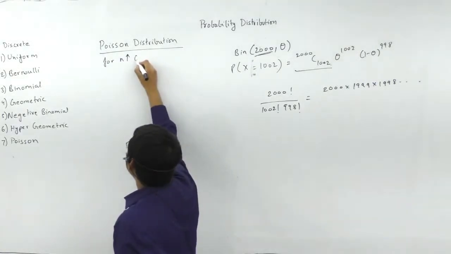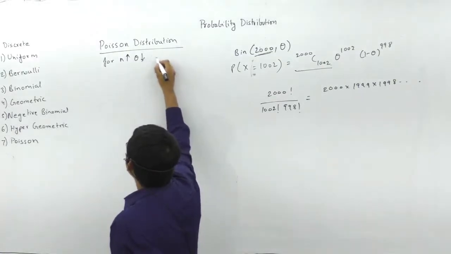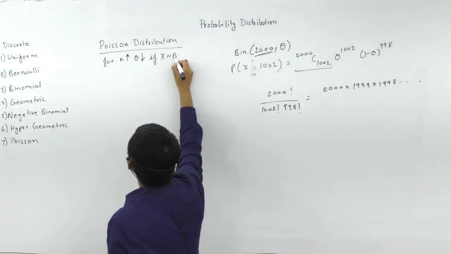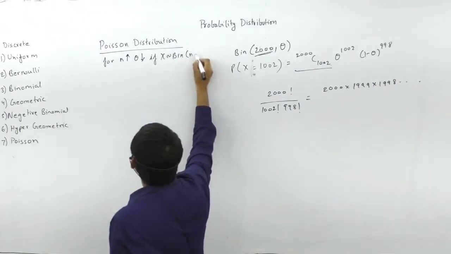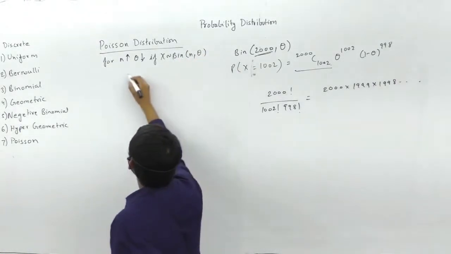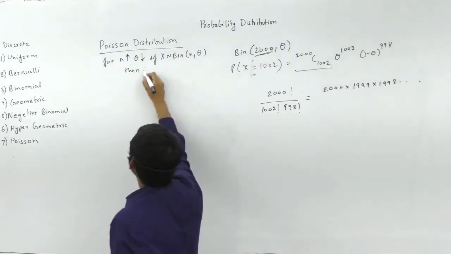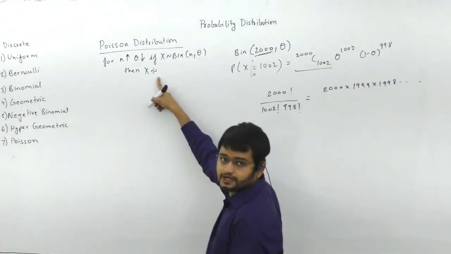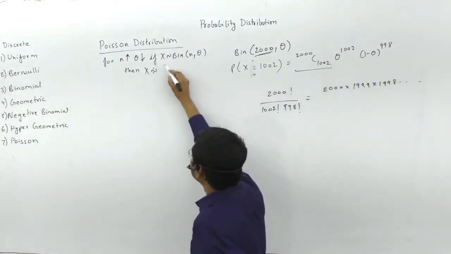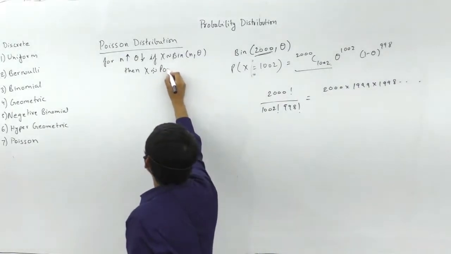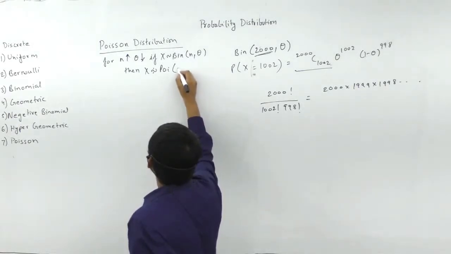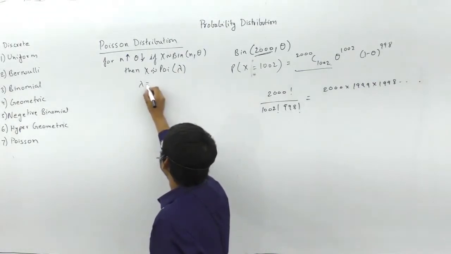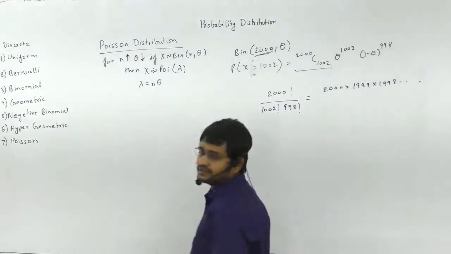So what happens for n large and theta small? If we have x follows binomial distribution n comma theta, then x approximately follows, this particular sign is for approximately follows, Poisson distribution with a parameter lambda, where lambda is nothing but equal to n theta.